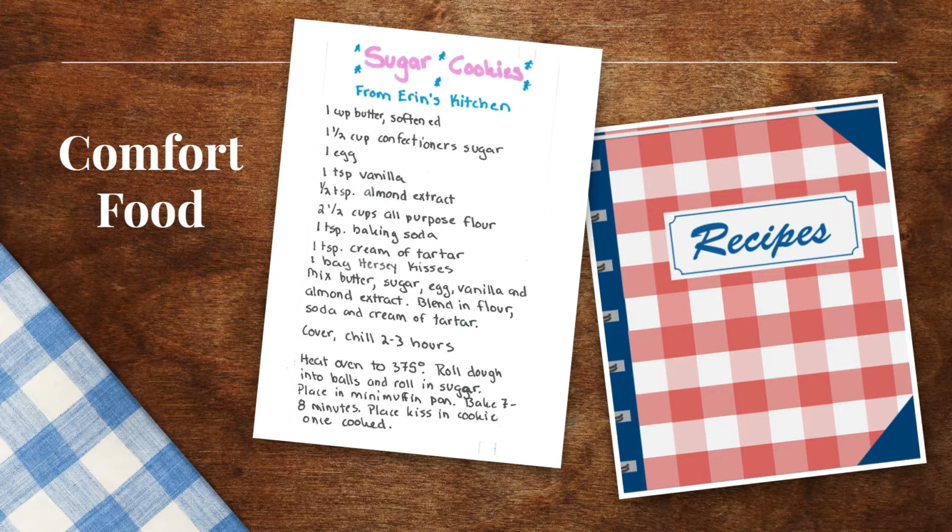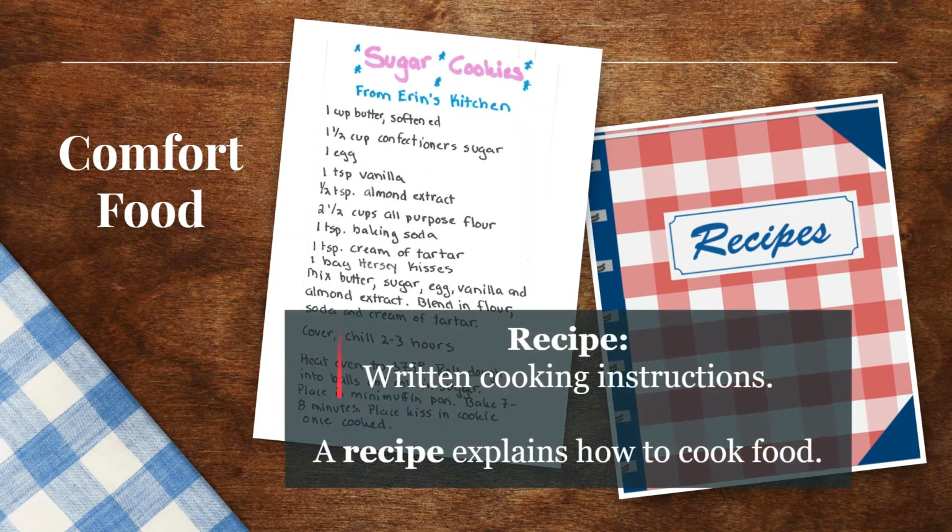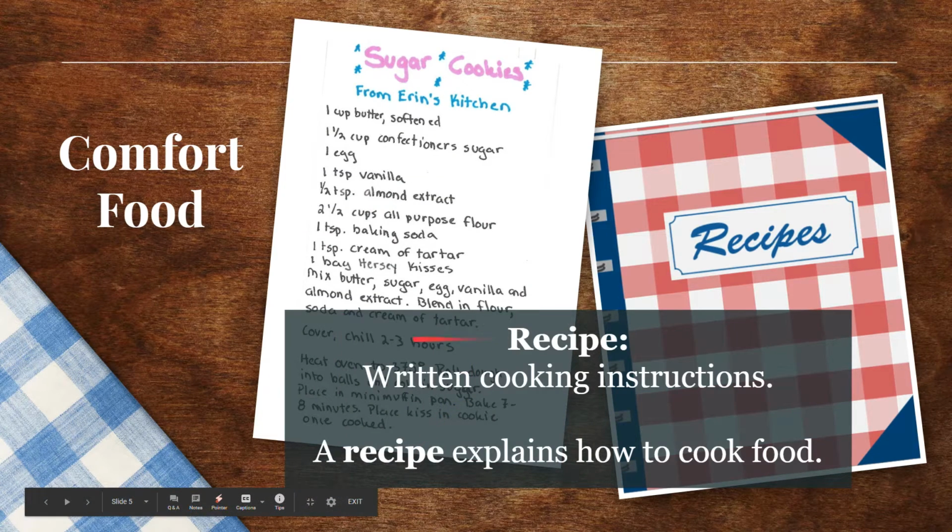So, to talk about comfort food today, we want to talk about how to write a recipe. What is a recipe exactly? A recipe is written cooking instructions. A recipe explains how to cook food.